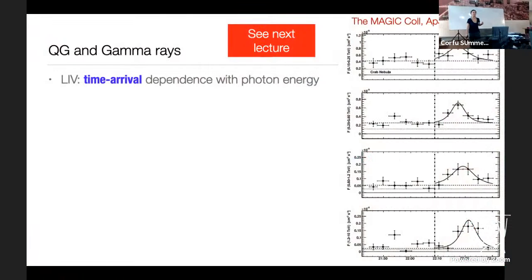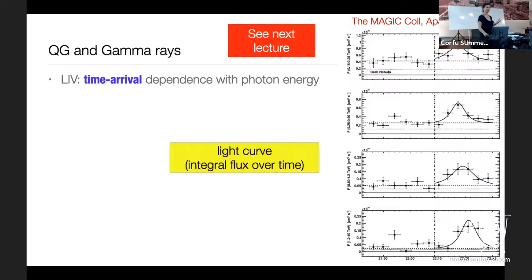How do you study quantum gravity with gamma rays? I'm concentrating here only on the tools that you use. We will go into the details in the next lecture. First of all, you can study quantum gravity by looking at the arrival time of photons. To do so, you need light curves, built as finely as possible, because you want to see a difference in the arrival time. So if you want to do this measurement, it's crucial to have an instrument capable of detecting with good resolution the arrival time and the energy of the photon.